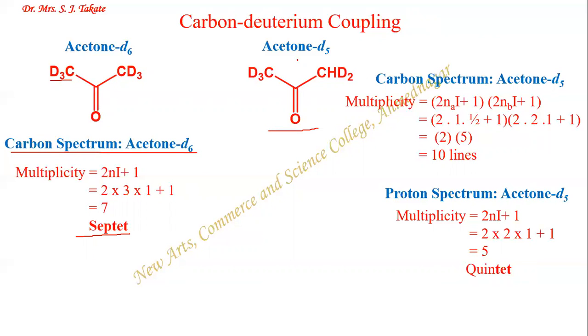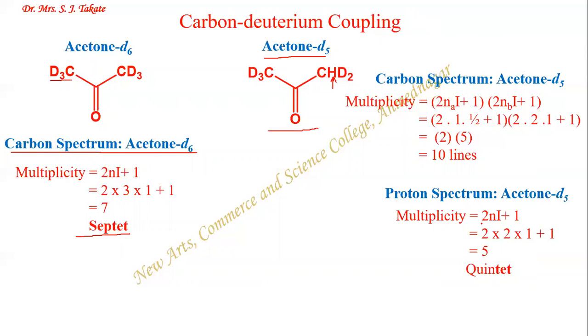The spectrum of this acetone D5 is very interesting in carbon 13 as well as in the proton spectrum. The proton spectrum is as usual, the proton spectrum of acetone D5. The proton spectrum means this proton attached to this carbon atom. If I take its proton NMR, it will show the coupling with these two deuteriums.